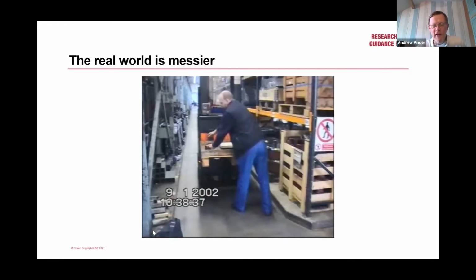But to illustrate the fact that loads in a real warehouse can be extremely variable. Obviously, it depends on the kind of warehousing you're dealing with. I mean, if you're picking large amounts of cartons in a food distribution warehouse, it'd be very different to this kind of spare parts warehouse.